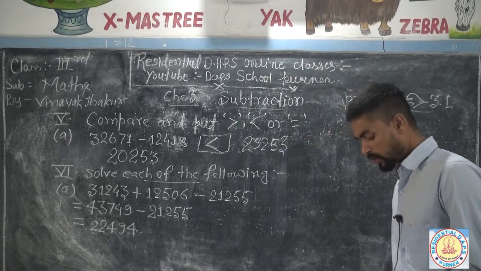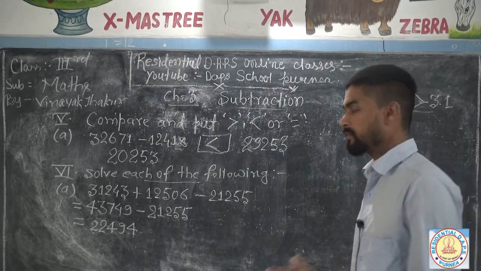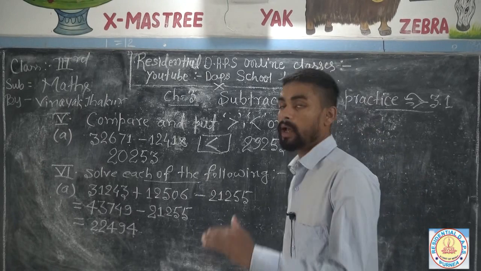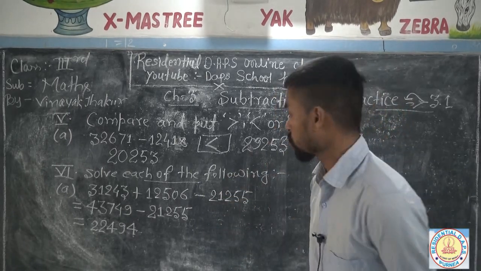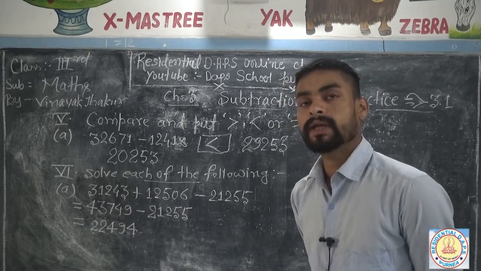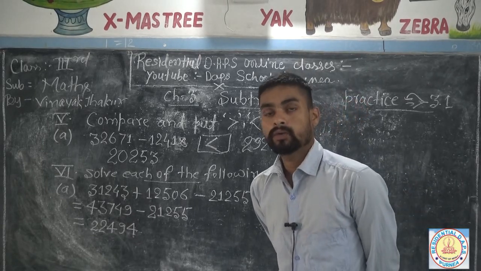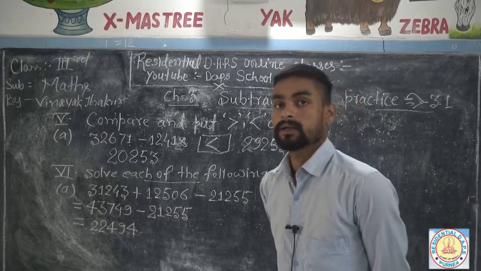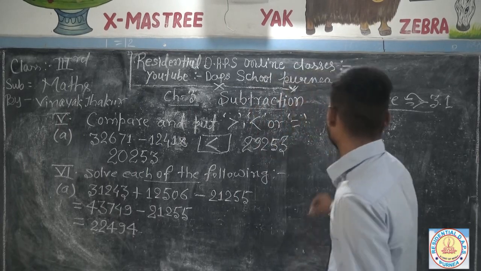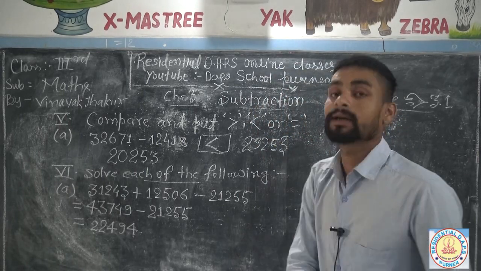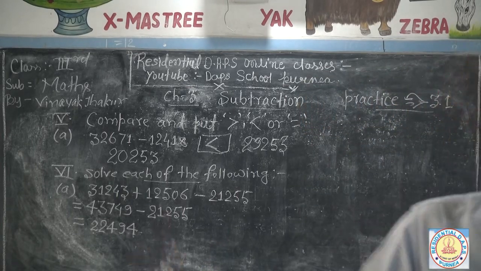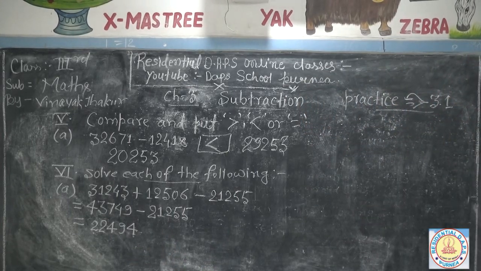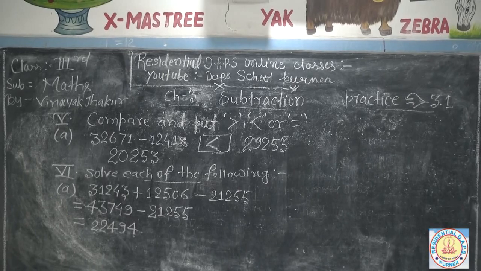You have to focus on each and every question or example shown in your books or on your blackboard. Then you can solve all the word problems and questions in 3.1. So go for it. Best of luck. This is 3.1, and I'm going to solve your next chapter.